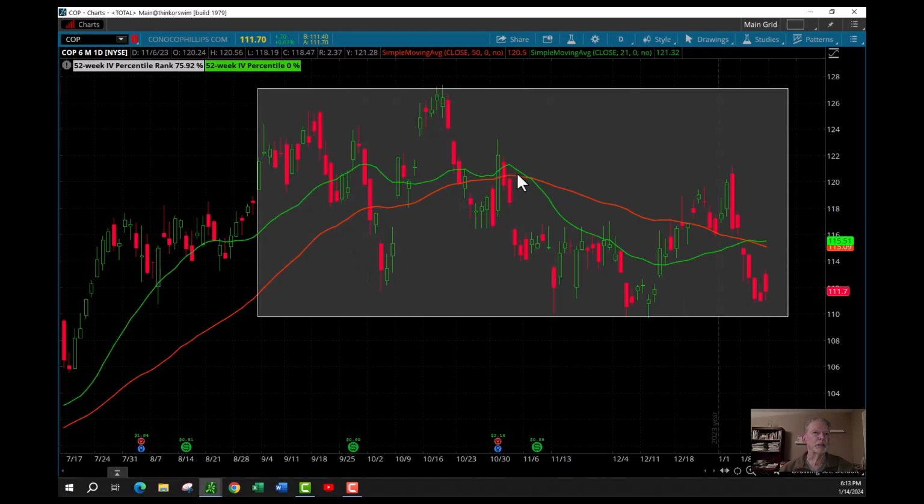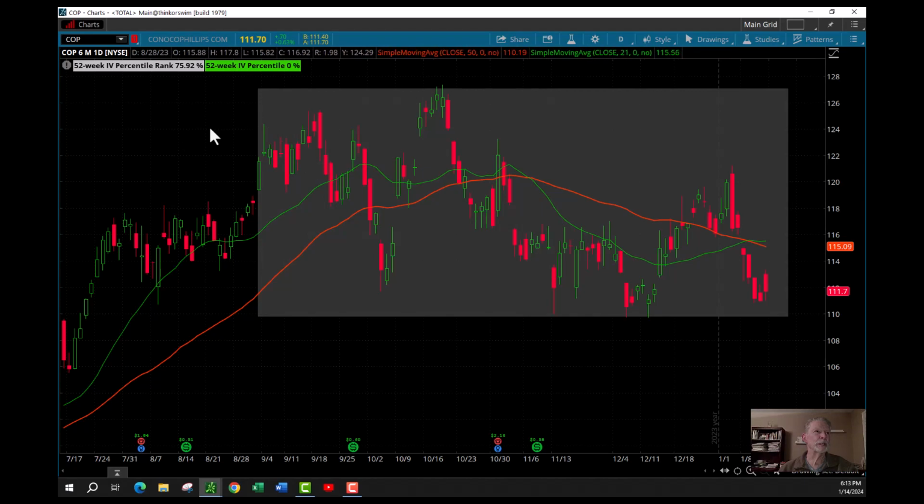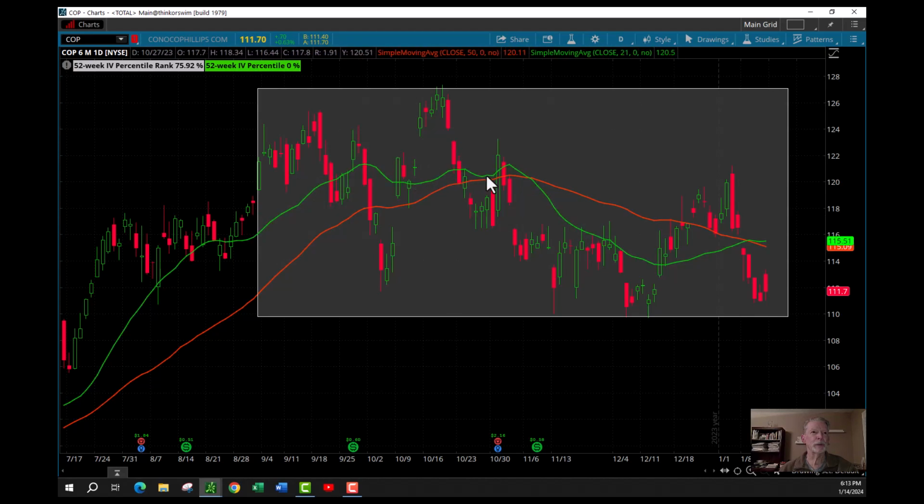I'm waiting for things to smooth out. It might take another 6 months. We don't know. But it's basically going sideways at this point in time. You can see a lot of ups and downs, but the general direction is sideways, and now we're starting to trend down.